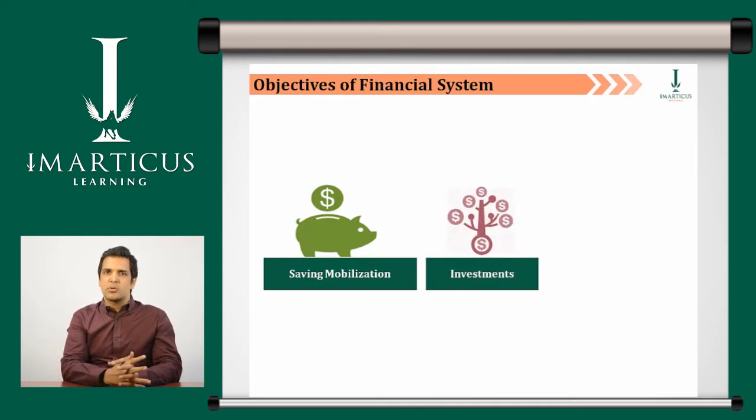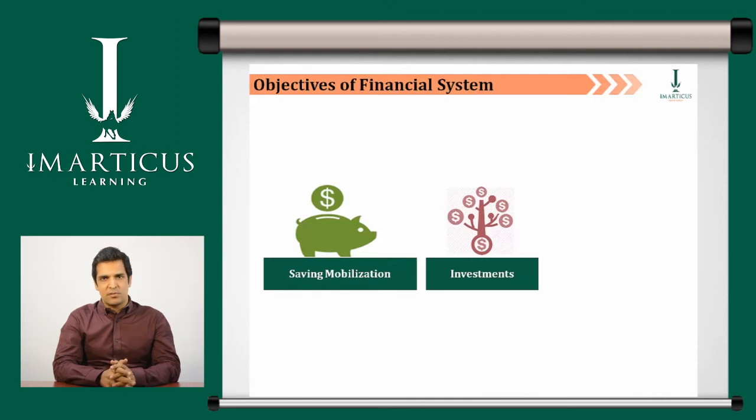The financial system ensures the surplus funds are then invested in the desired market such as capital market, commodity market, etc. and products such as equity, debt, money market, derivatives, etc.